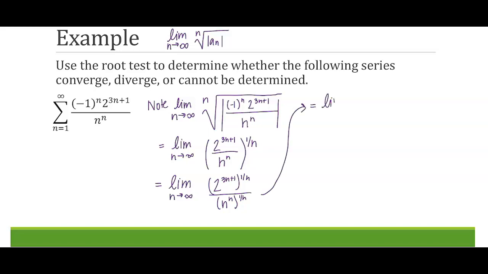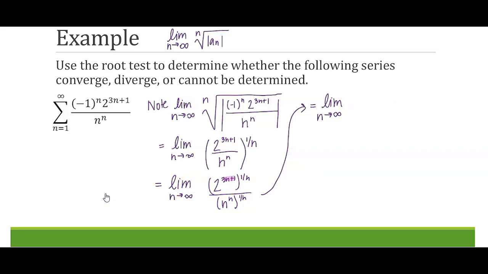I have the limit as n approaches infinity of, well, here these exponents multiply, and since what is in the exponent is a binomial, the 1 over n would distribute to both terms. So if I multiply 1 over n times 3n, I'm going to end up with just 3.